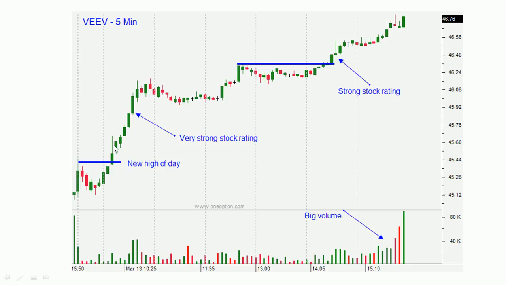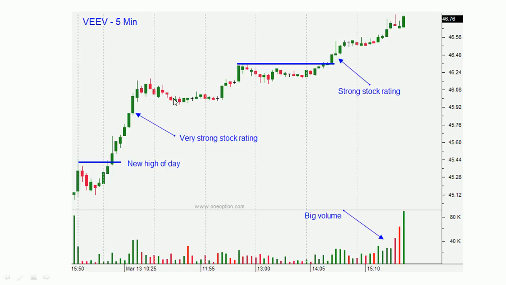Nice, persistent buying. And if I recall properly, this was even happening on a neutral to lower market. So this stock had unbelievable relative strength. It also had excellent volume. You can see the volume spike in here. These are all characteristics of a strong stock.